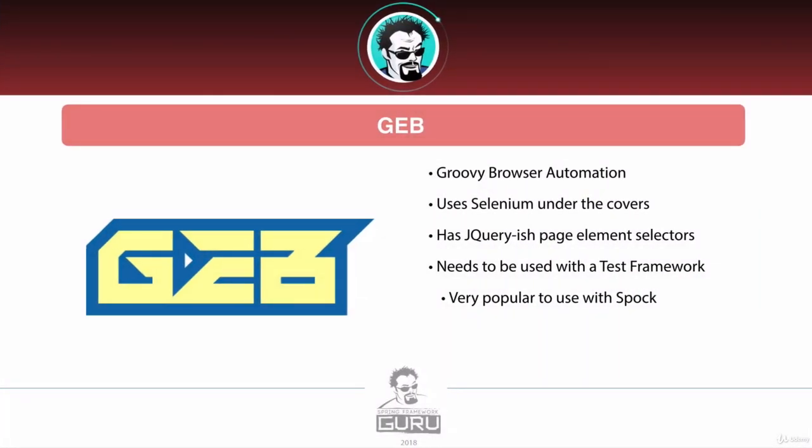Now, there is a very Groovy way to do that with Selenium: Geb. I'm a big fan of Geb. This basically takes Selenium and puts a Groovy wrapper around it, giving you a really nice DSL, and they call it jQuery-ish page element selectors. I worked at a very large retailer, and we had a fairly large web application, and we did a lot of Geb tests with Spock.